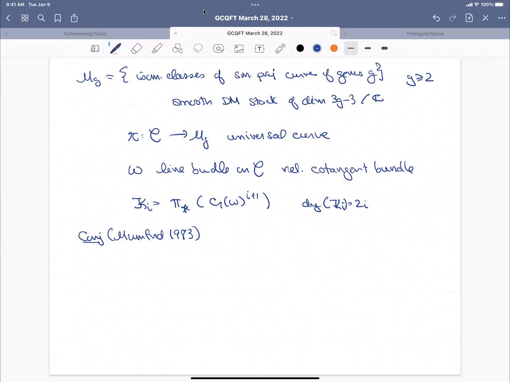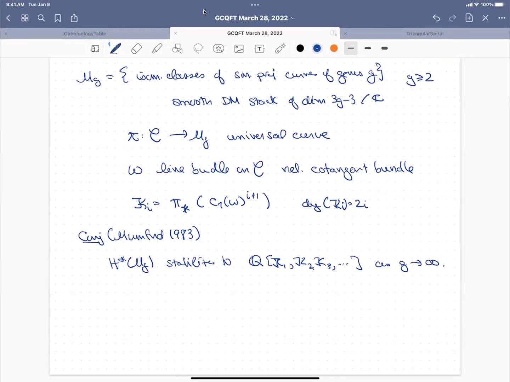So that was the conjecture of Mumford. So the cohomology of M_g stabilizes to Q adjoin kappa 1, kappa 2, kappa 3, and so on, as g goes to infinity.